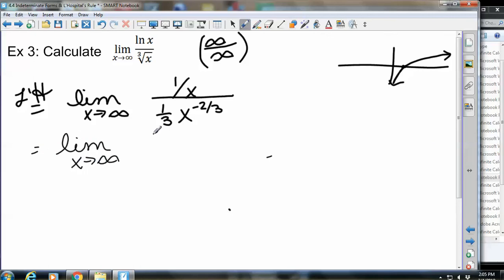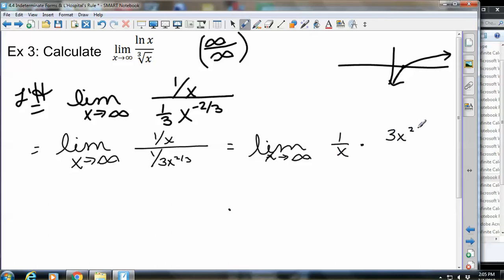This is like 1 over x over 1 over 3x to the 2/3. How do you divide fractions? Flip and multiply. So 1 over x times 3x to the 2/3 over 1.